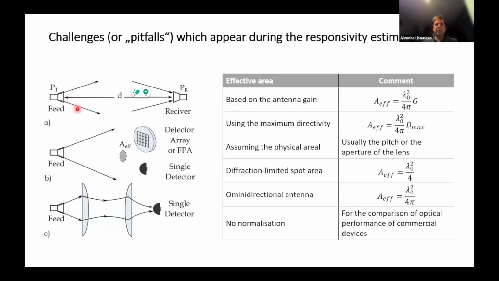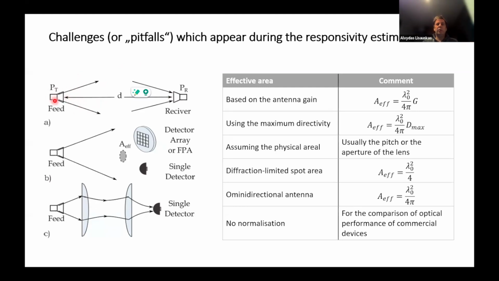Such a case is hardly imaginable in the terahertz frequency range. We don't have that much power. Once we spread it in space and travel a long enough distance, actually very little is coming here. But that's one way to characterize your device, your receiver, your detector.